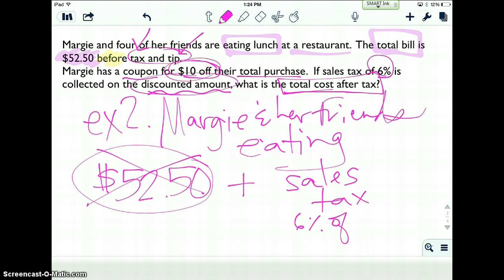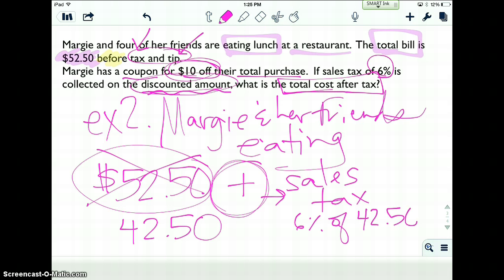She has $10 off. So I'm going to take 10 bucks off that, and I'm at $42.50. I didn't even have to use a calculator. But then plus, she's still going to have to pay the sales tax, and the sales tax is based off of the discounted amount. So 6% of $42.50.